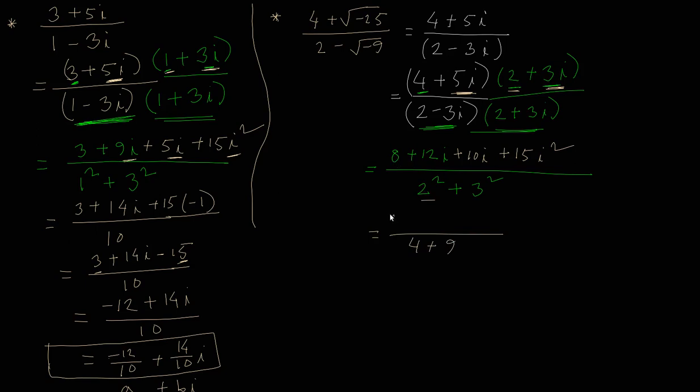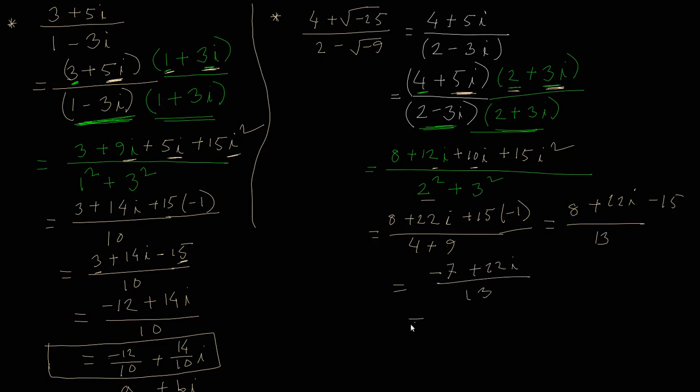The 8 stays 8. 12i and 10i is plus 22i, and plus 15i square is negative 15. So I am getting 4 plus 9 is 13 in the denominator, and in the numerator 8 plus 22i minus 15. 8 minus 15 is negative 7, plus 22i over 13.